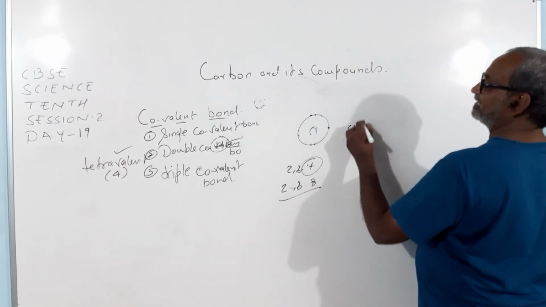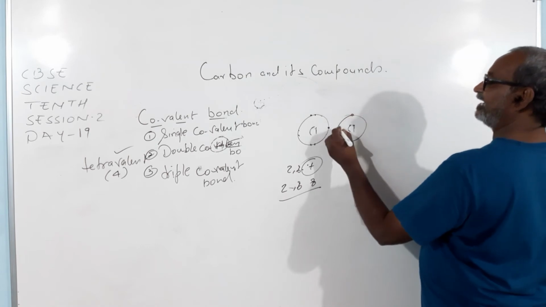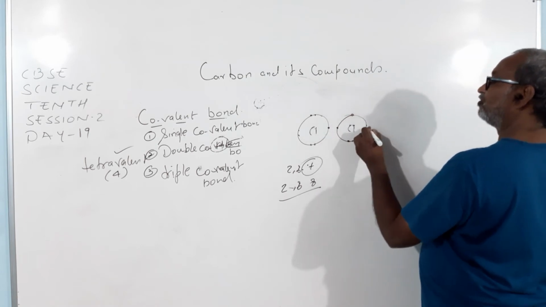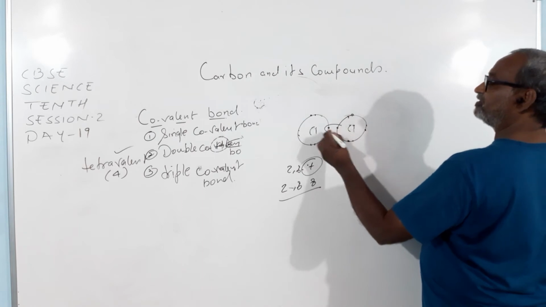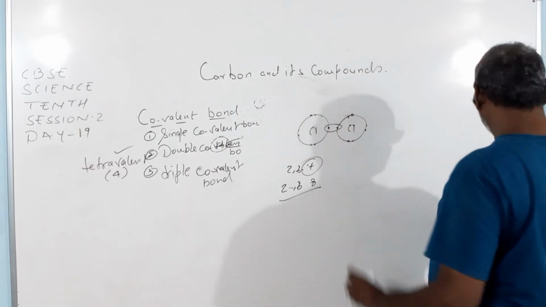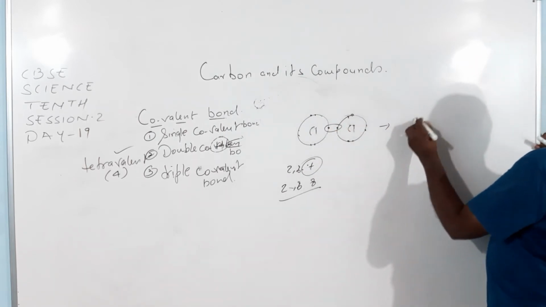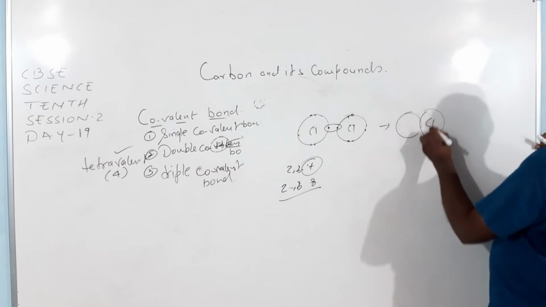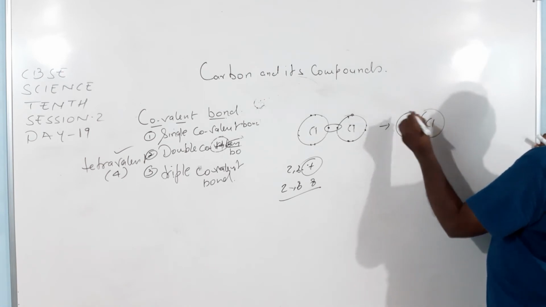Now, 2 chlorine atoms share 1 pair of electrons between them. And as a result of this sharing, you can see that octet of both the chlorine atom is completed. This is shared pair.